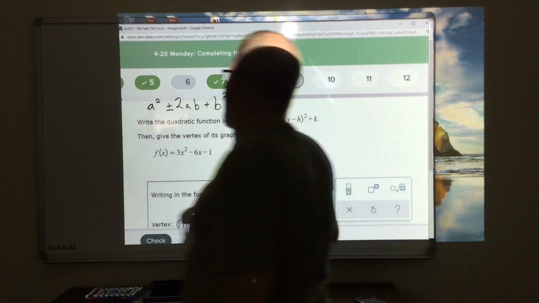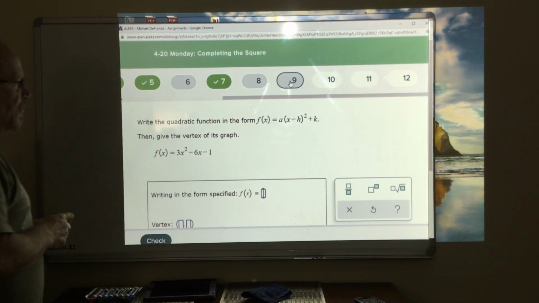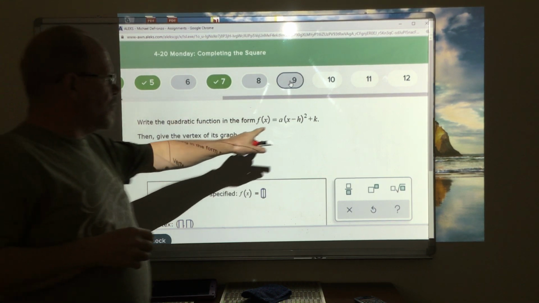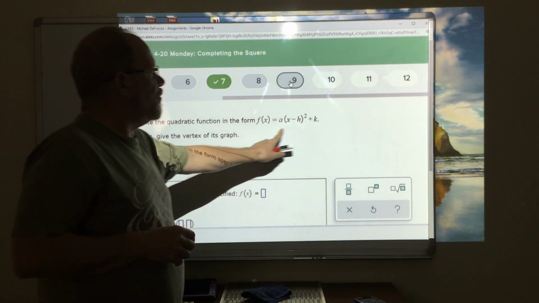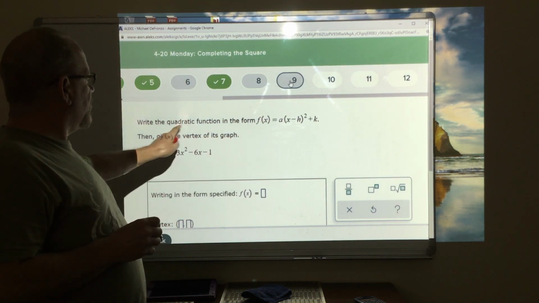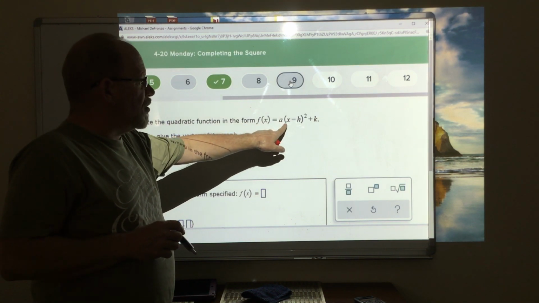Okay, so now we're getting a little bit more complex. What we have to do now is make this into a perfect square and then have other stuff with it. This is going to give us what's called the vertex form of the quadratic.